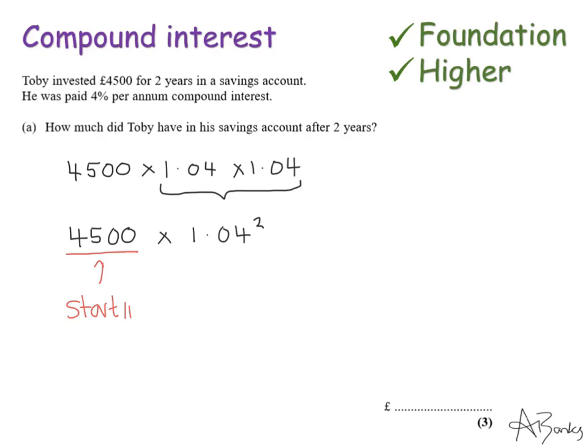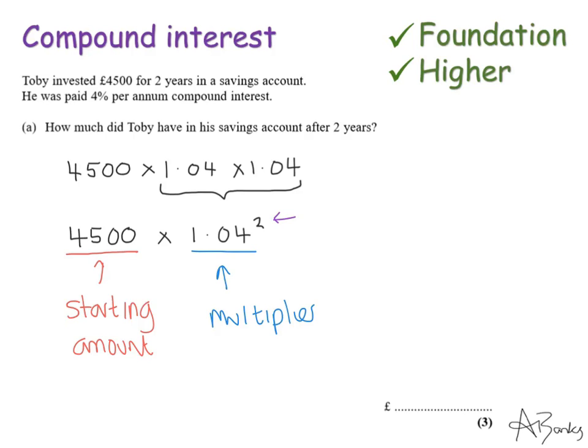So in this question it was £4,500. This number here is my multiplier. So I need to work out what that multiplier is for either an increase or a decrease. And then the number that I have here as my indices, my index number, is however many periods of time that interest occurs over.